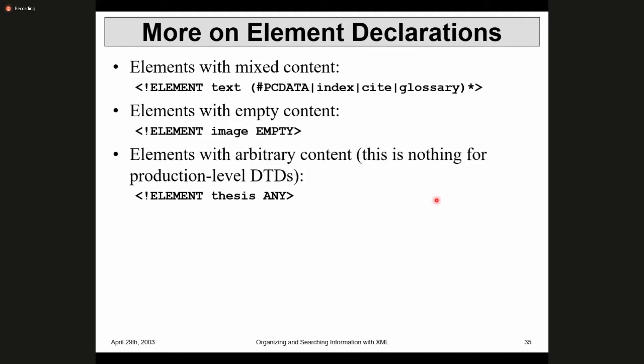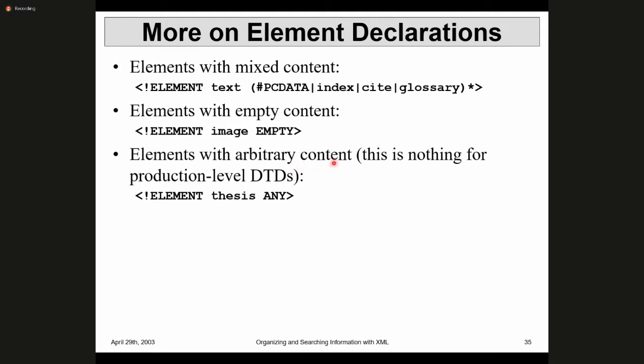And also there can be elements with mixed content. That means sometimes the element might have parsed character data as well as indexes, sites, glossary, multiple types, right? Mixed contents.